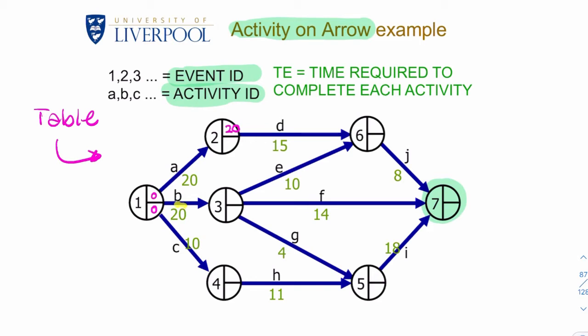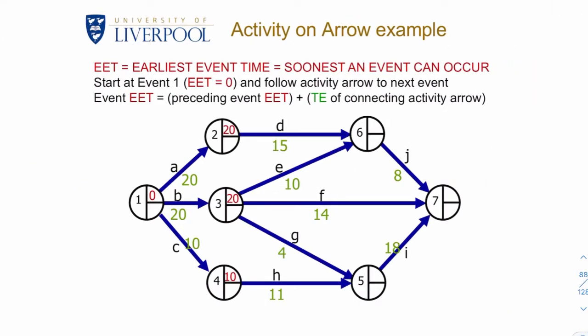Similarly, activity B takes 20 days, so the earliest we can get to here is 20. And activity C takes 10 days, so the earliest we can get to here is 10 days. So that's the first thing we do. So we've got 20, 20, 10.